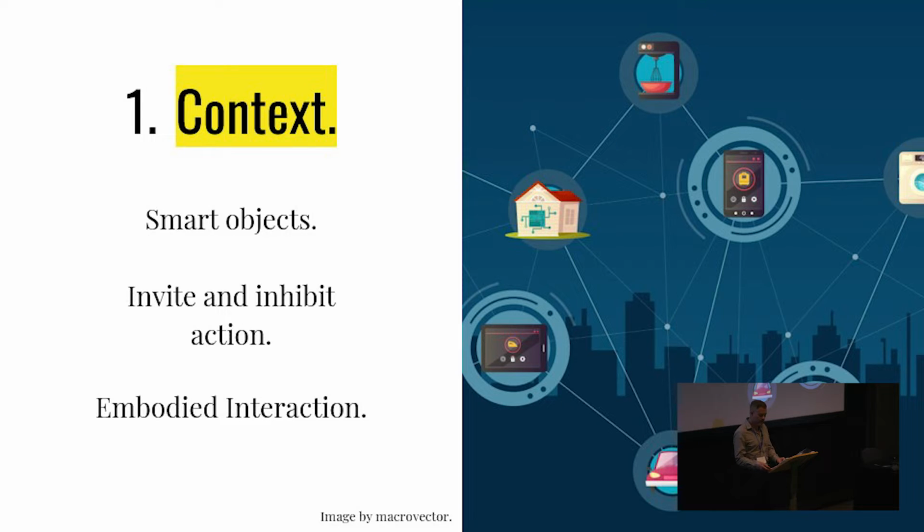So first, the context. Recently, we have witnessed the proliferation of smart objects in almost every context of everyday life. Those objects, embedded with computational power, can sense the body, the environment, and digital data and react according to programmable logic.